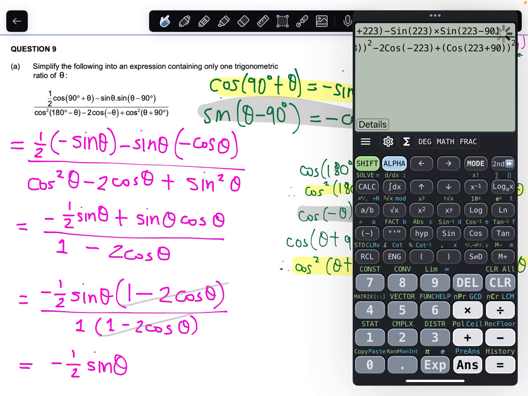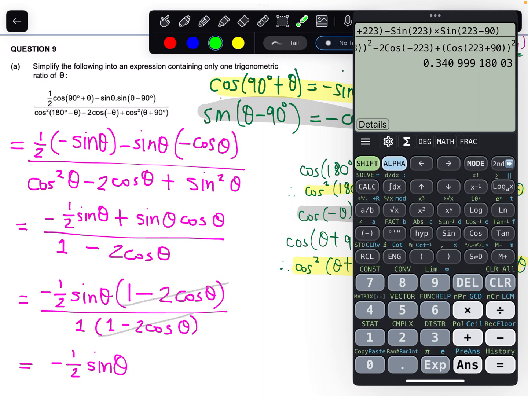Okay, so we're going to get some answer. Go calculator, go. 0.34. Right, so now if we put 223 in here, we should get the exact same answer.